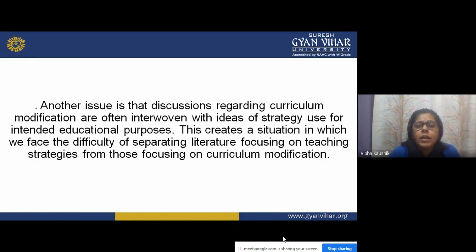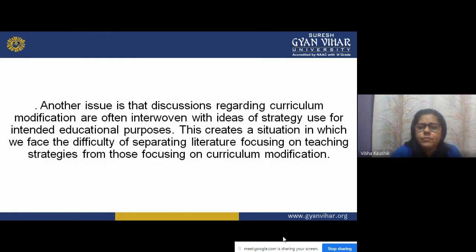Another issue is that discussions regarding curriculum modification are often interwoven with ideas of strategies used for intended educational purposes. What are the strategies that have been used for intended educational purposes?